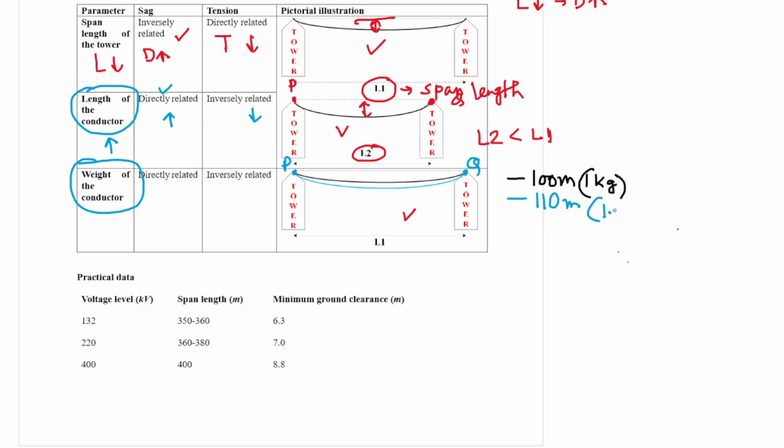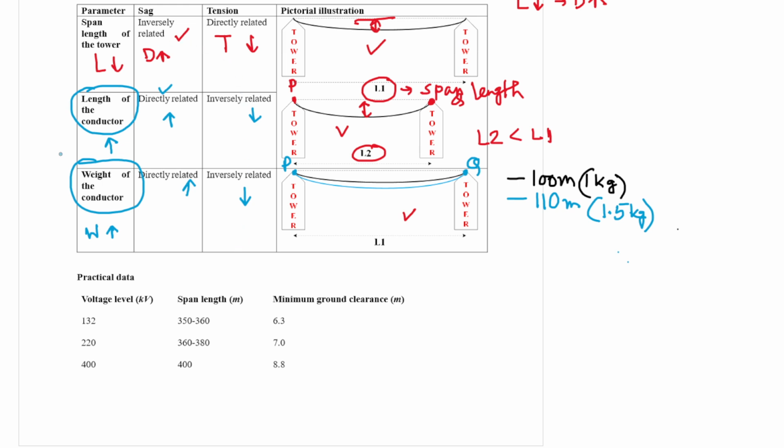As the weight of the blue conductor is more, naturally the sag will be more. That is why with respect to weight of the conductor, sag is directly related. If the weight goes high, sag will be more, and as sag will be more, tension will be less.